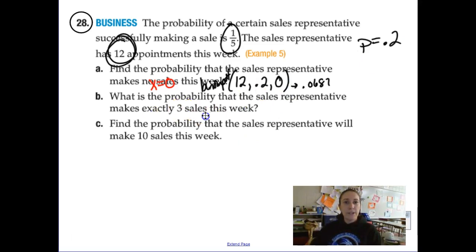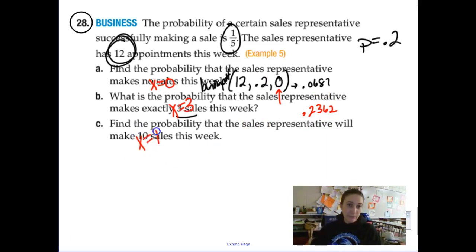All right, so what's the probability the same sales rep has exactly 3 sales? Same setup, guys. The only difference here is instead of x equals 0, now it's x equals 3. So this is now a 3, which means I got 0.2362.